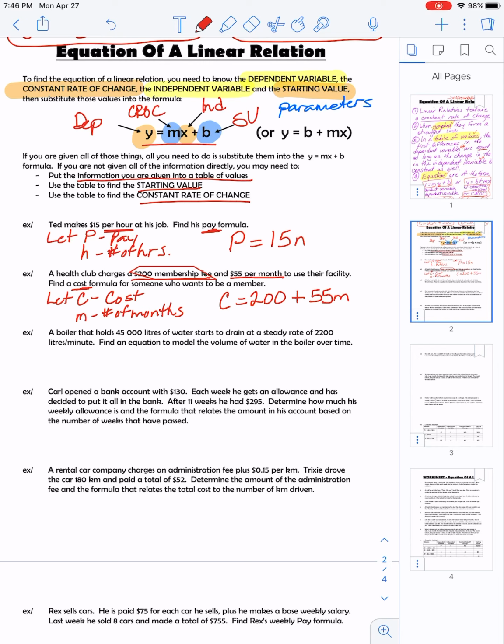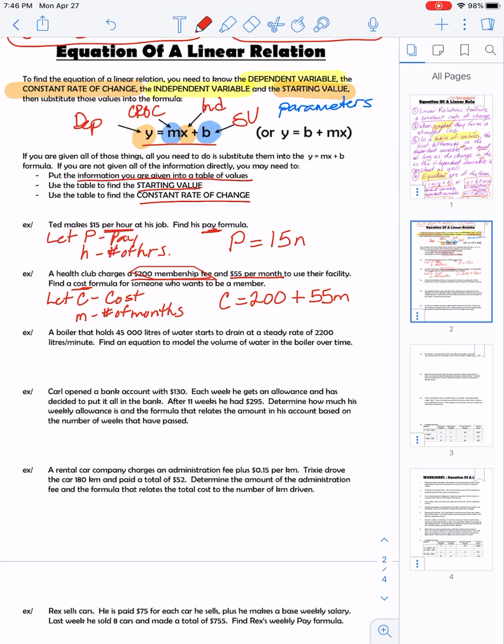Now we don't put per month, we don't go $55 per month, because we're not trying to do 55 divided by M. We have to do 55 times M, and this is a formula. This isn't a word. We don't do short forms or anything like that. This is a formula of how the cost is going to get calculated. Okay, so let's take a look at the next one.